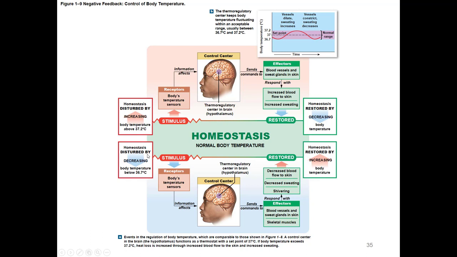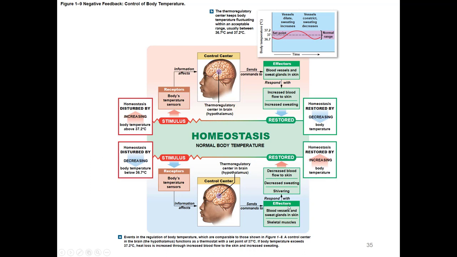The same is true if we get a little cold. So if our body temperature starts to go down a little because we're really cold, temperature receptors in our body send a message to the control center, which is our brain, hypothalamus. The brain sends a command to the effectors who fix the problem.